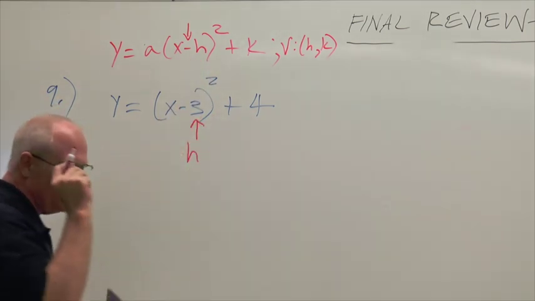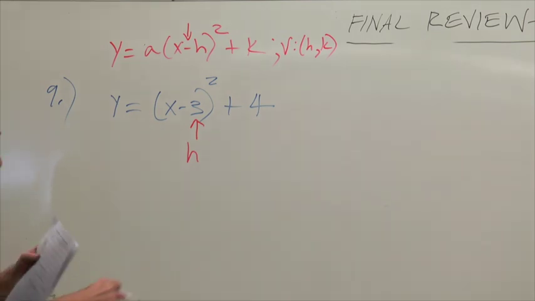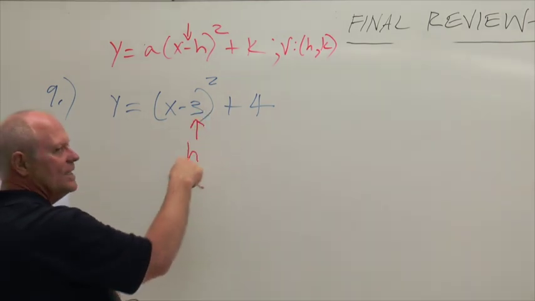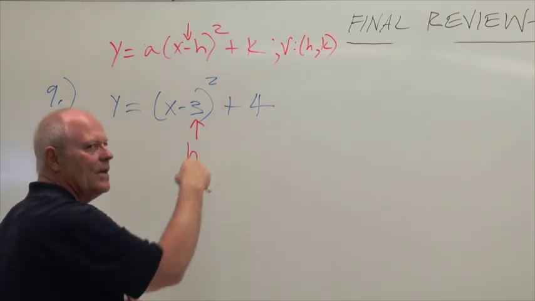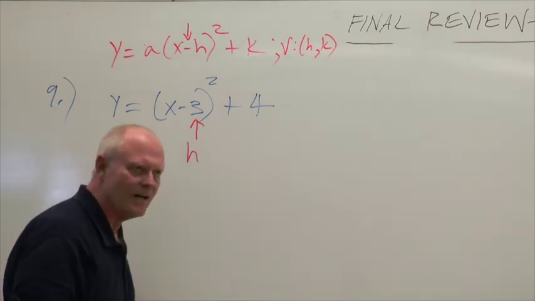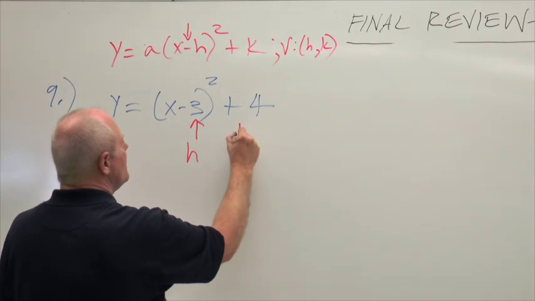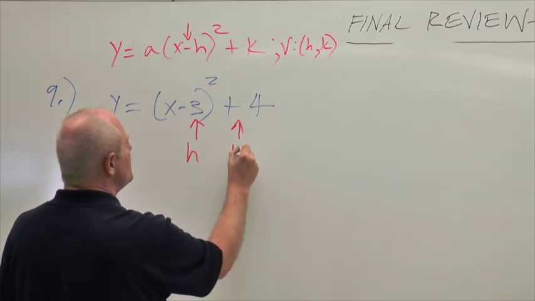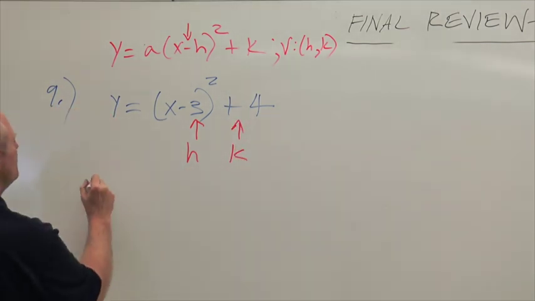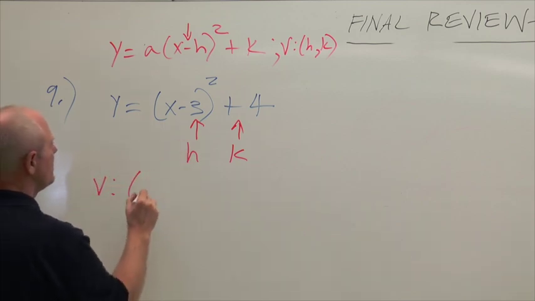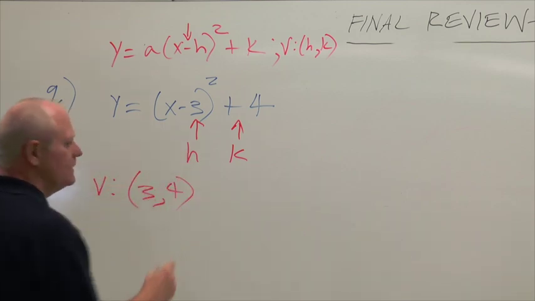So what you basically do is h is always the opposite sign, but k always has the same sign. So k in this problem is going to be 4. So what is the vertex in this particular problem? (3, 4).